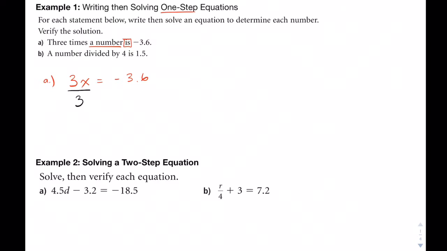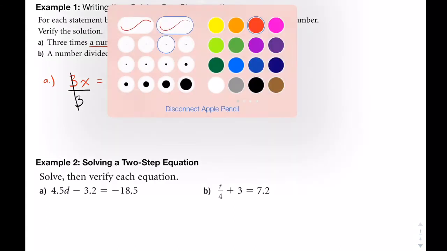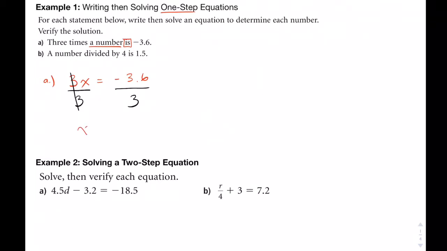But you also need to remember that whatever we do to one side of the equation, we also need to do to the other side. That cancels out our 3's, and what we're left with is x equals negative 3.6 divided by 3, which is negative 1.2. So there's that answer.